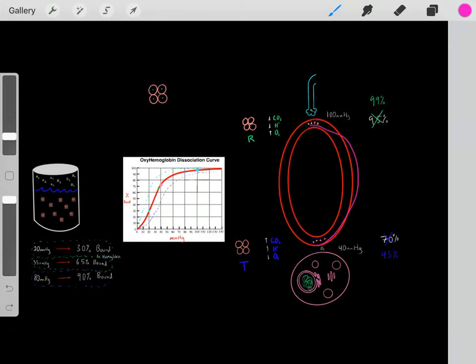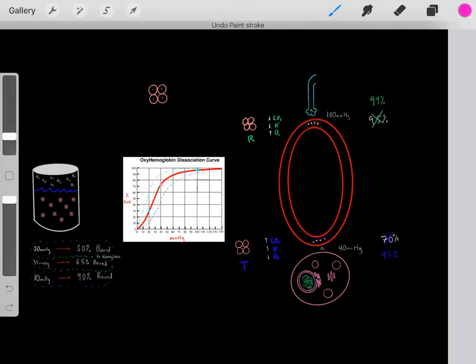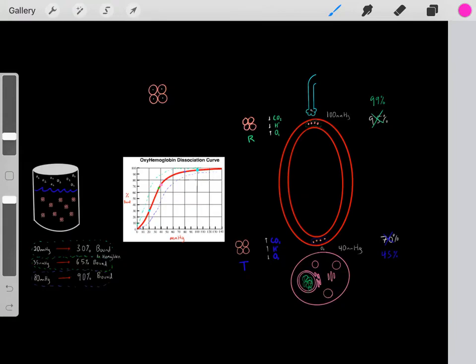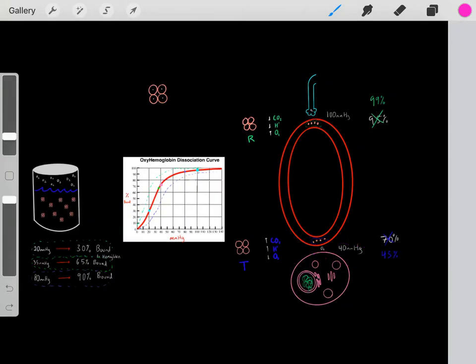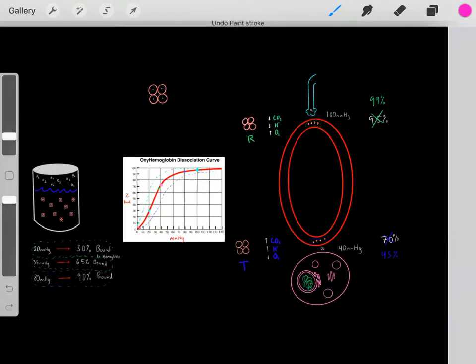However, when the hemoglobin travels down here under these conditions, it turns to the T state, where it binds oxygen very weakly, where only about 45% of the hemoglobin is bound to oxygen. And we see for the T state, at 40 millimeters of mercury, only around 45% is bound.